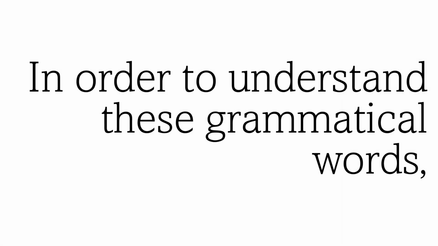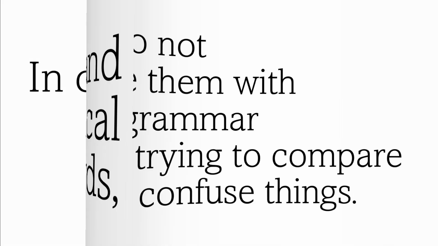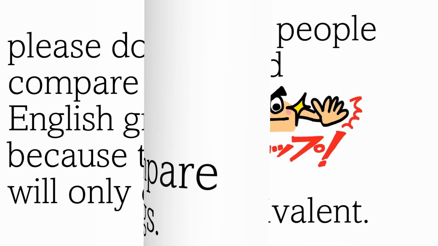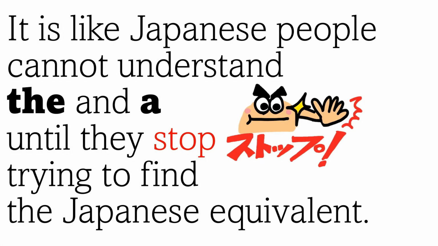In order to understand these grammatical words, please don't compare them with English grammar, because trying to compare will only confuse things. It's like Japanese people can't understand "the" and "a" until they stop trying to find the Japanese equivalent.